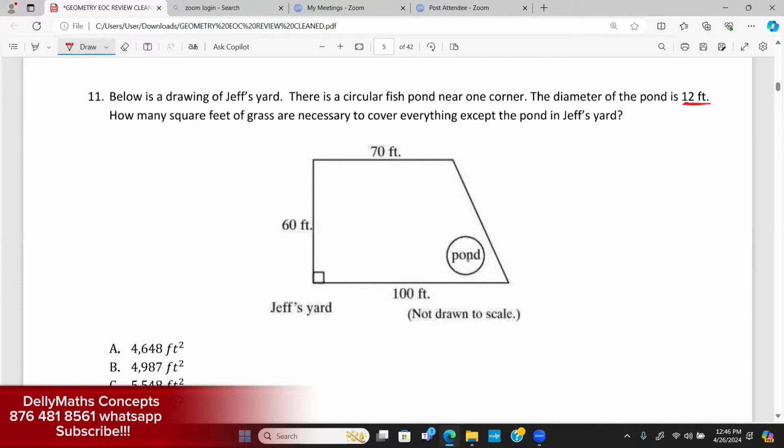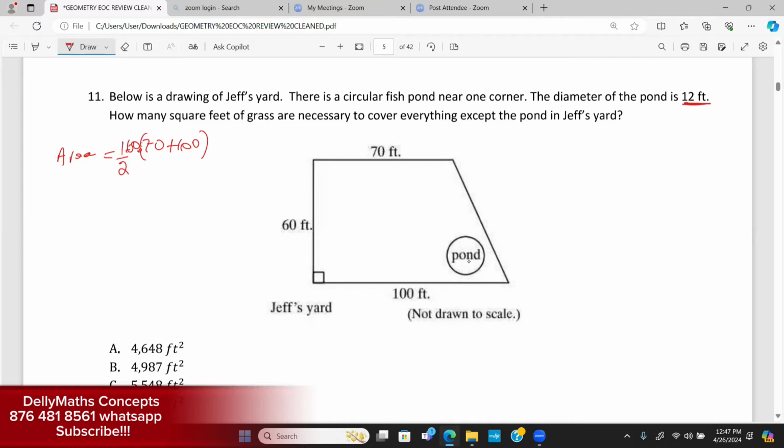Let us work out the area for this shape. This is a trapezoid. So we can find the area of the trapezoid by doing this. It's going to be half of 70 plus 100, and we're multiplying this by the height, which is 60.